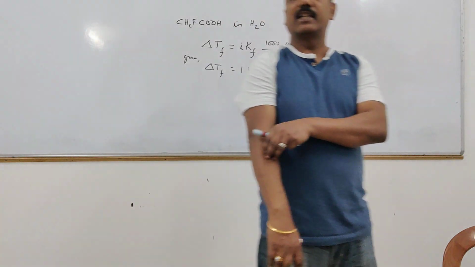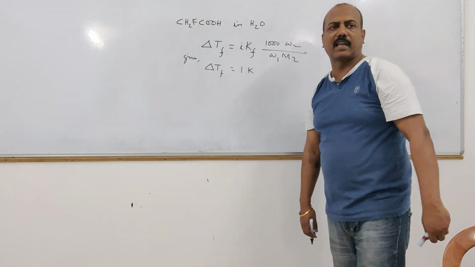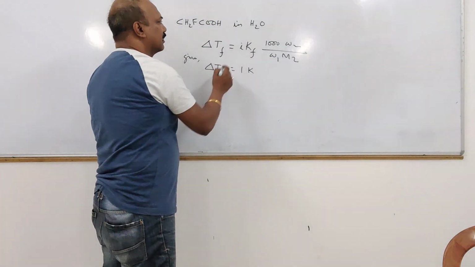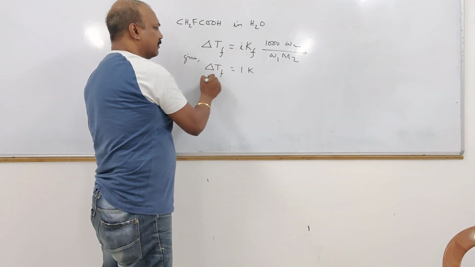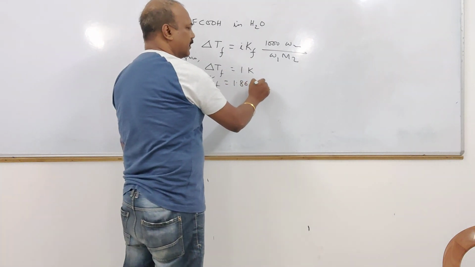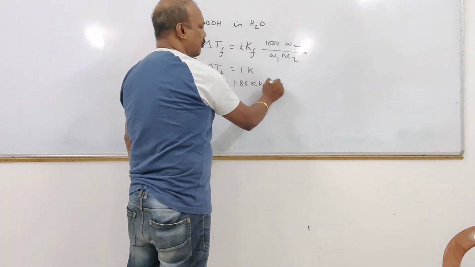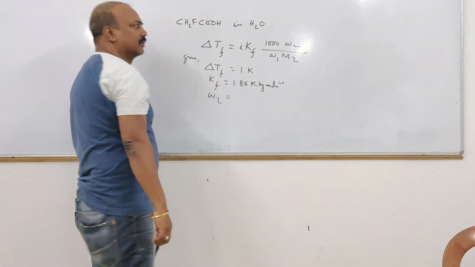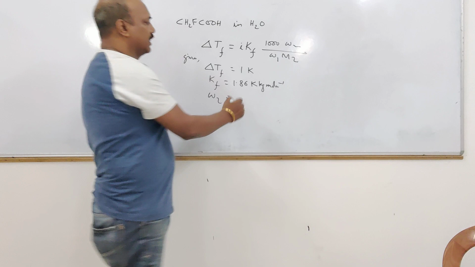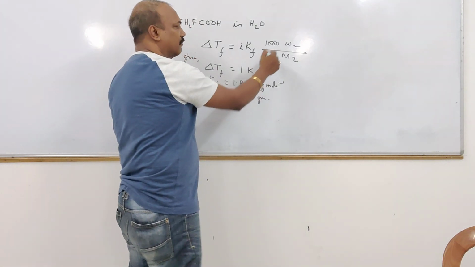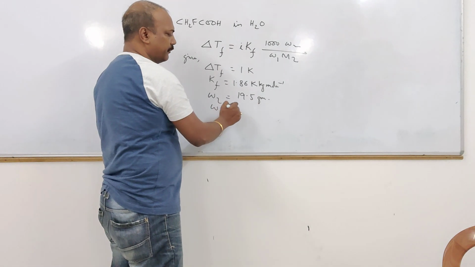The difference in degree Celsius and difference in Kelvin is the same, there should not be any difference. Then Kf is given, 1.86 Kelvin kg mole inverse. W2 is given, 19.5 gram. W1 is given.